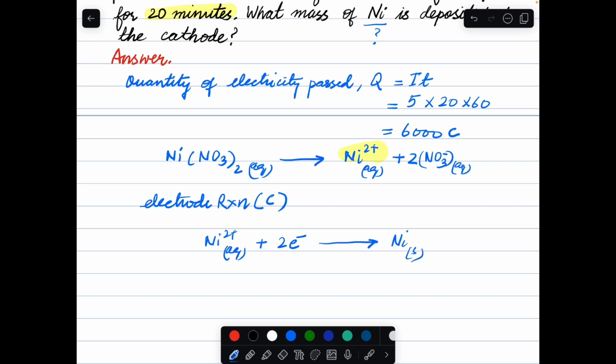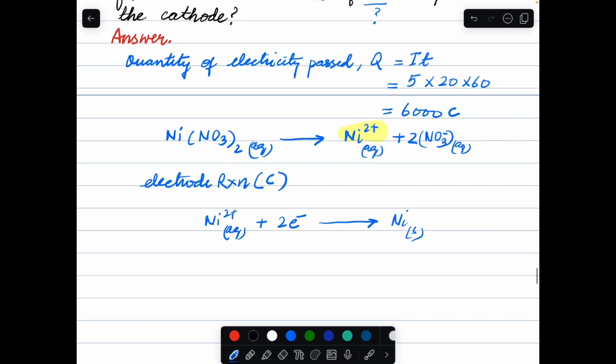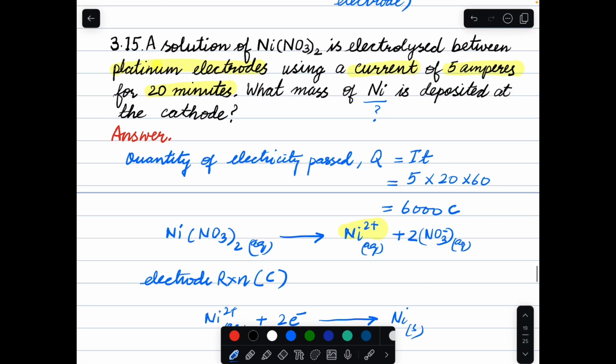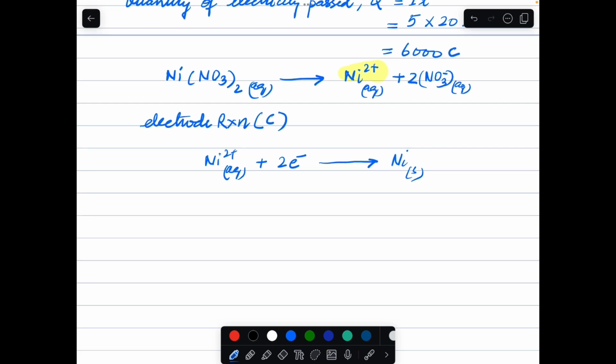Okay, and this is the main reaction at electrode. And for calculating the mass deposited, because we have to find out the mass of nickel deposited, we should know the molar mass of the substance which is being deposited here. Here nickel is deposited, and the molar mass for nickel is 58.7 gram. This is the molar mass.